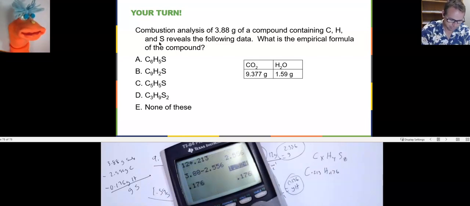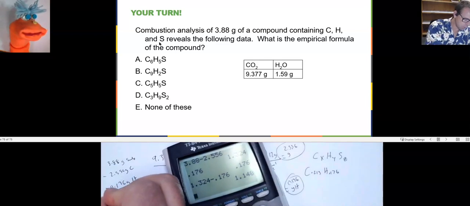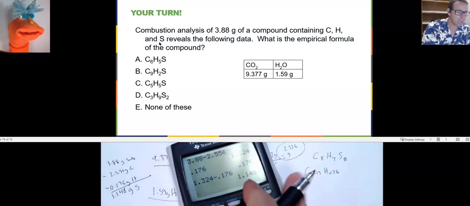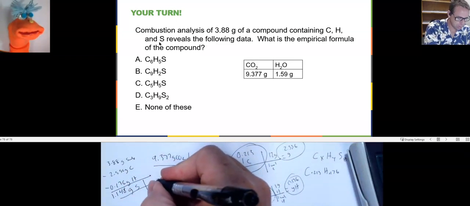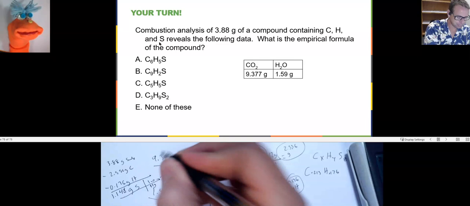Whoops. Okay, so I got 1.148 grams of sulfur, and I'm going to convert that grams of sulfur to what? Moles. Yeah, there's 32 grams for every 1 mole.